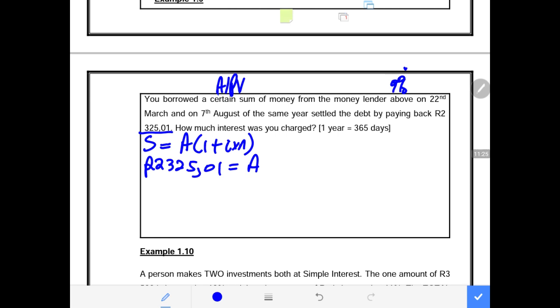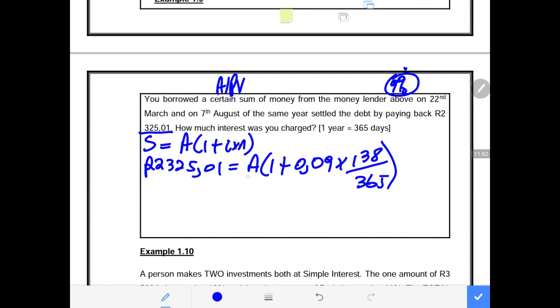So now we say A is equal to the sum accumulated divided by (1 plus i times N). Remember our i is 0.09, which is the 9%, because this money lender is charging 9% interest as calculated above. And we multiply this by 138 divided by 365, which is the number of days in a year.